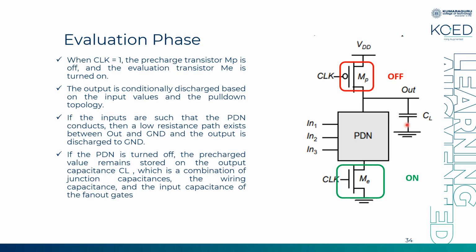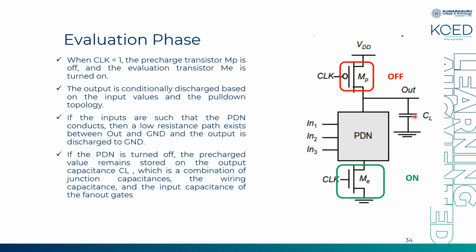And I told you earlier, CL is the combination of junction capacitance, wiring, and the input capacitance of fan out gates. So here this will be given to drive some other circuit. All these are fan out gates, so that will have some capacitance, and that will also come into account for the CL. And each and every transistor will have some junction capacitance, and the wires used here will have some capacitance.